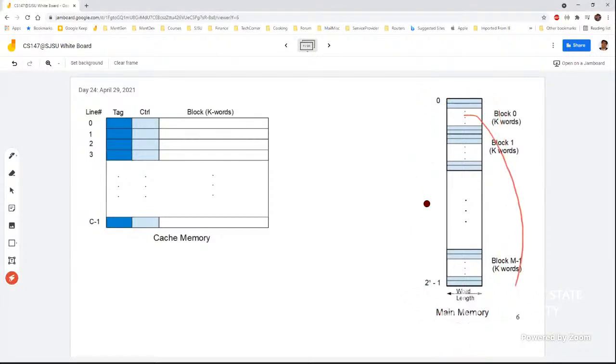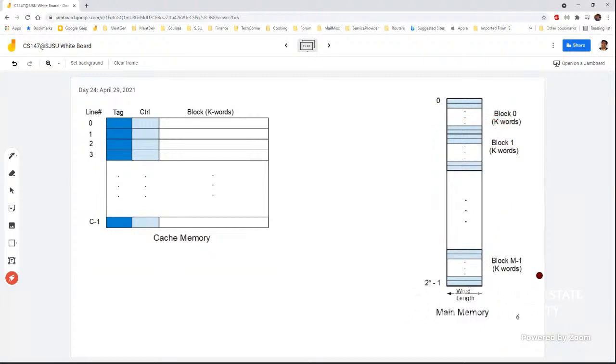And the other one is the cache memory. This is actually within the processor chip, which is faster to access than the main memory.